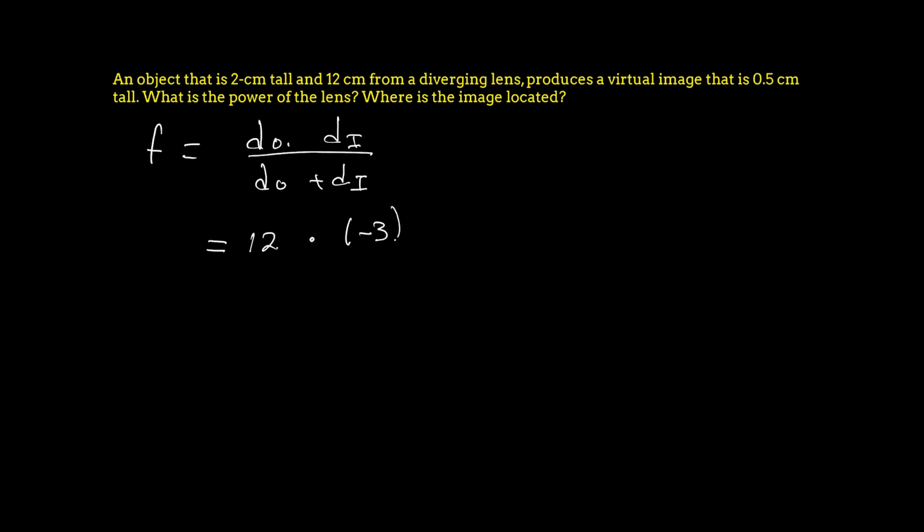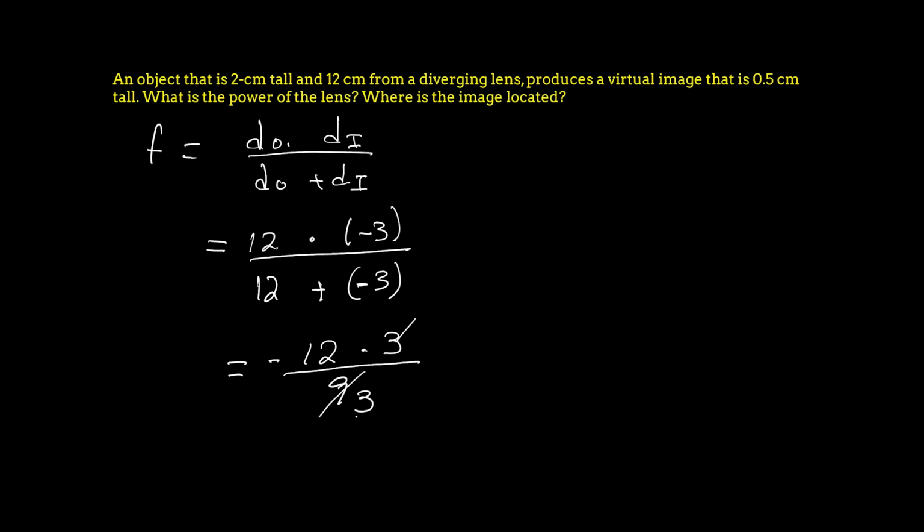DI was -3 over 12 plus a -3. So on top, I'll just keep it the way it is. Don't multiply things out. At the bottom, I have a 9. 12 minus 3 is 9. So this cancels that, leaves me with a 3 here. This cancels this, leaves me with a 4 on top. So I have a -4. So this is good. The focal point is negative.